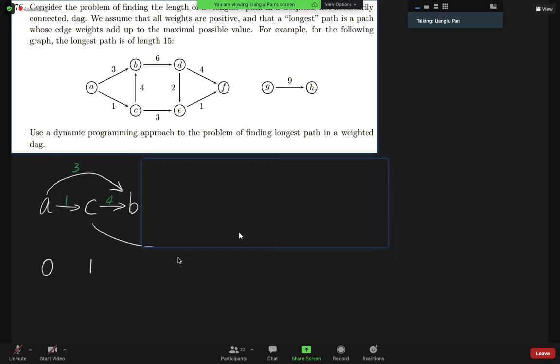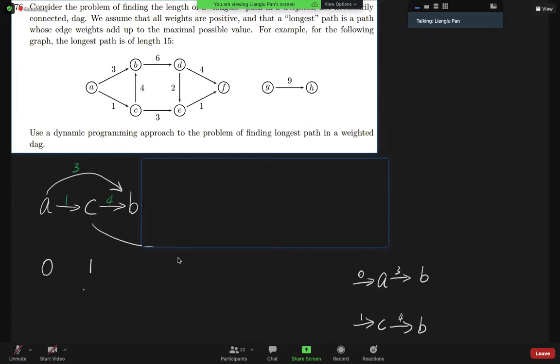If we have a path that goes from somewhere to A, and then A to B, and another case is we have a path from somewhere to C and then C to B. Now we already know that A to B has a length of 3 and C to B has a length of 4. And I think we also already figured out that if we have a path ending at A, the longest distance would be 0. And if we have a path ending at C, the longest distance would be 1.